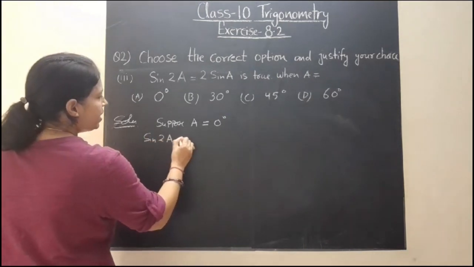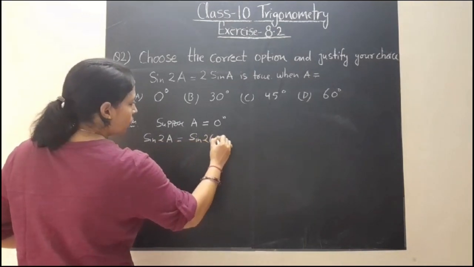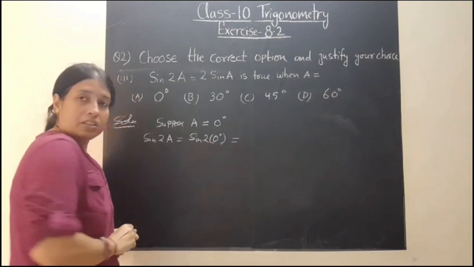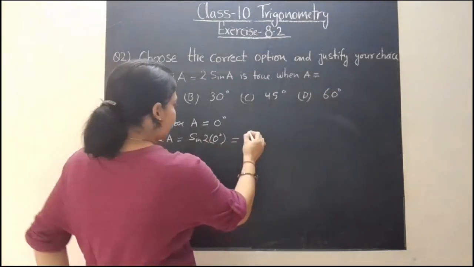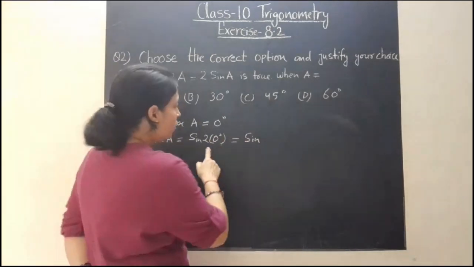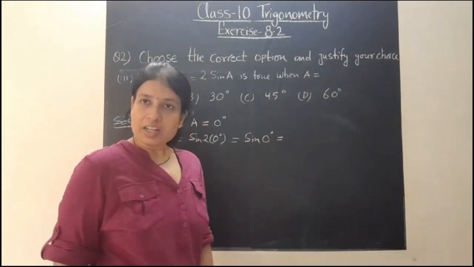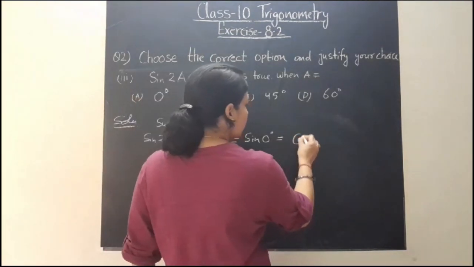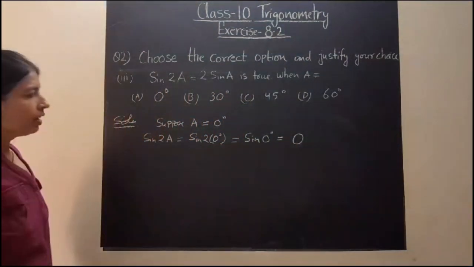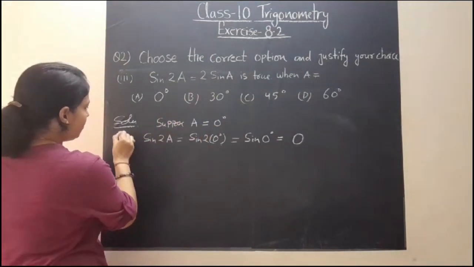Sin 2a is equal to, we can write sin 2 into 0 degree. Because 2 into 0 is 0, so it will be sin 0. What is value of sin 0? Sin 0 is equal to 0. So write here 0. This one is LHS.